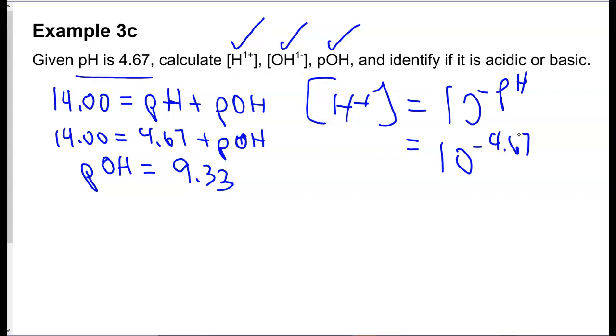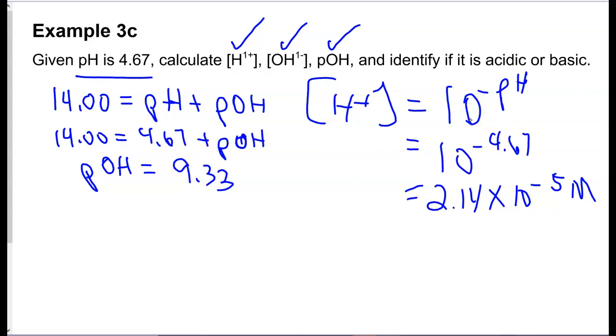However you have to put that in, you're going to take your pH and make it negative, and then hit second log, and it should give you an answer of 2.14 times 10 to the negative fifth. I'm rounding, not applying sig fig rules properly. That's going to be a concentration.